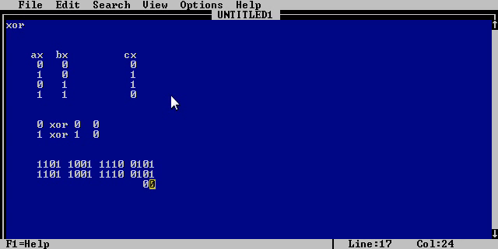This one with this gives 0. 1 and 1 gives 0. And you can see that they're all going to match, and I'm going to get 0. And that's quite quick. It's a much faster way, it turns out. You save 4 clock cycles or something like that. So that's one other interesting little thing about it.